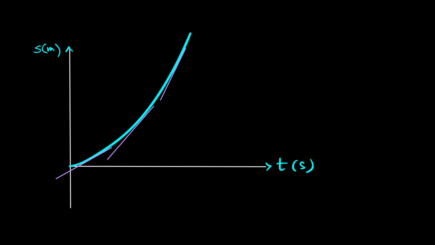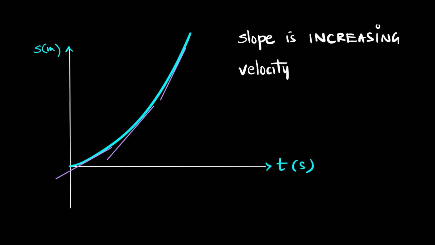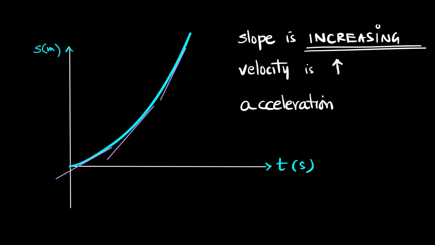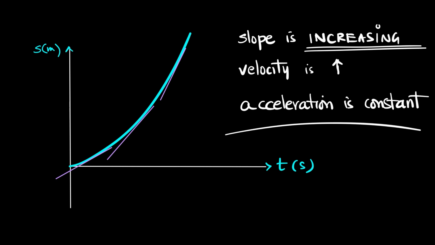That means we can write the slope is not constant, the slope is increasing. What is the slope of a displacement time graph? That is velocity. In other words, velocity is on the rise. Velocity is increasing. In other words, the acceleration is constant. So that is what is represented by this displacement time graph.